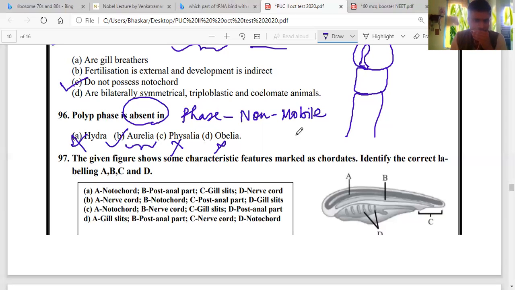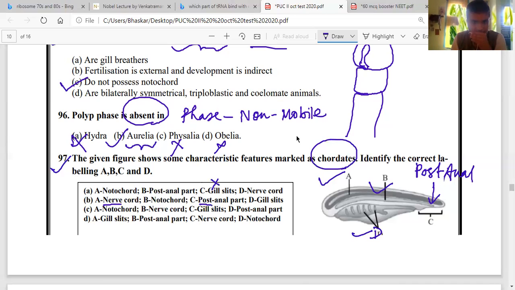The given figure shows some features that are marked in the chordates. So most important features, as you know, they have a post anal tail here. They have gill slits. This D option is the gill slits, and dorsal hollow nerve cord and notochord. So definitely you can check out dorsal hollow nerve cord is here, and C is post anal tail.